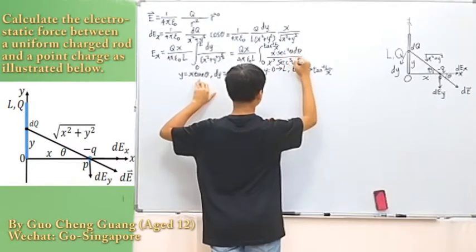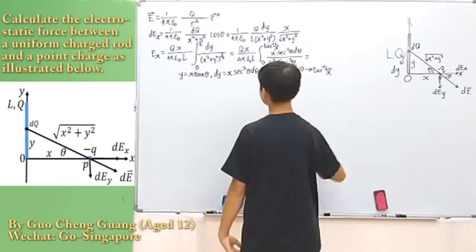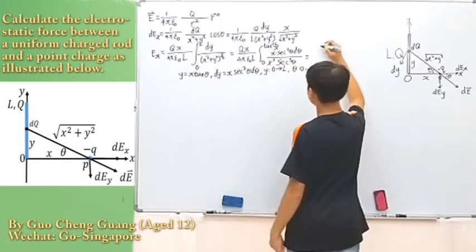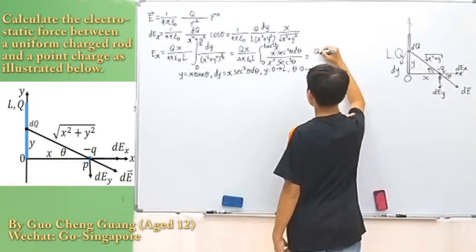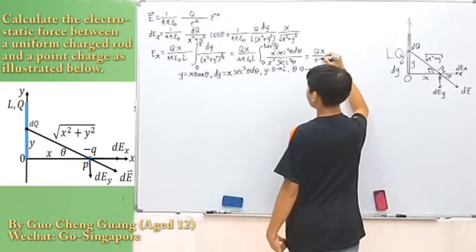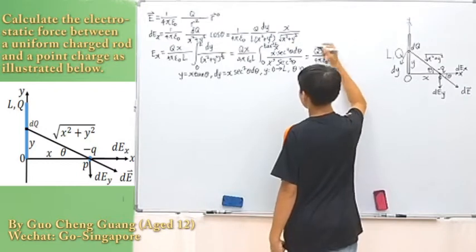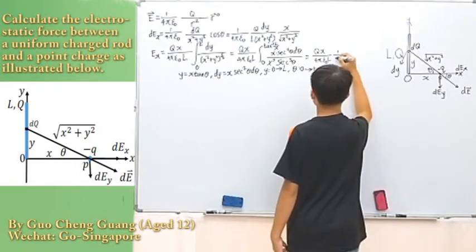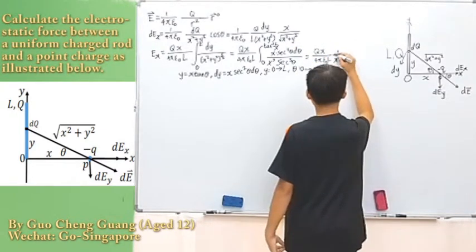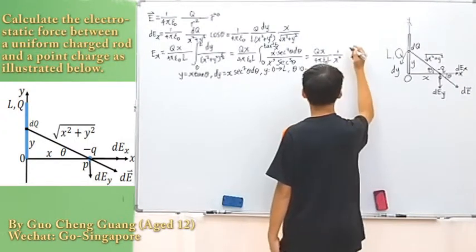So you get a secant cubed. Alright, so then it will be equal to qx over 4 pi epsilon naught L, and when you simplify, you get 1 over x squared. That is just a constant, so we can take it out.